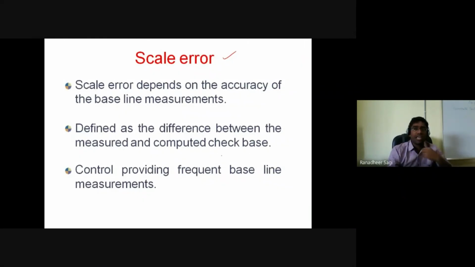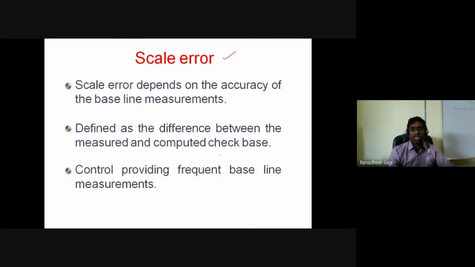So how do I understand I have got some error? Whenever you are talking about any kind of network, it could be a traverse, a triangulation or whatever, we said you should have some check lines. What is the purpose of those check lines? Check lines are useful for us to understand the amount of error that you are committing.